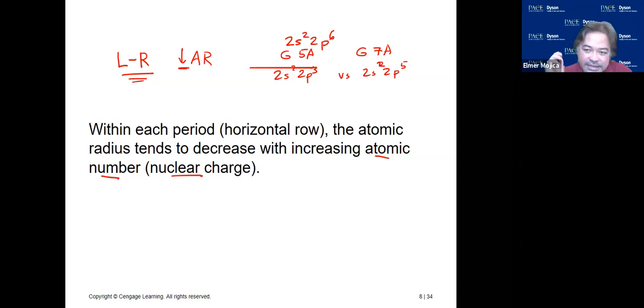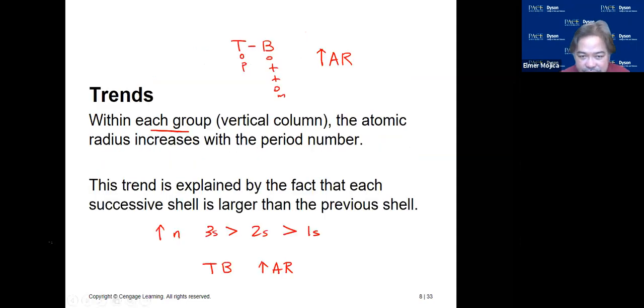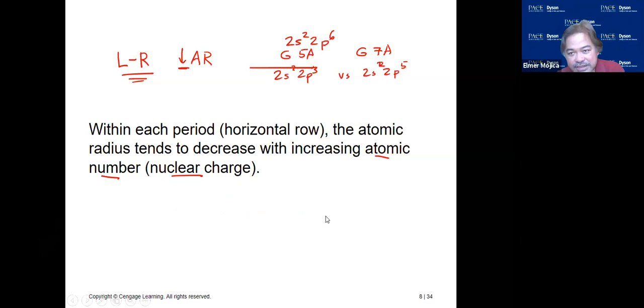Now, what other things affect the size? So, top to bottom, one of the effects is the quantum number. As you could see there, there's what we call a successive shell, which is larger than the previous shell. But here, it has something to do with the nuclear charge.